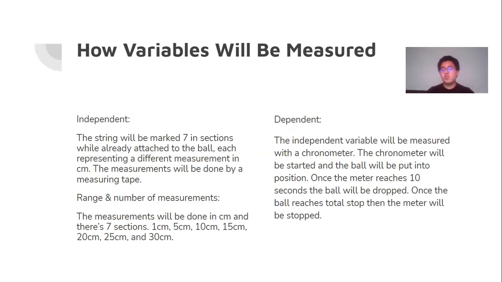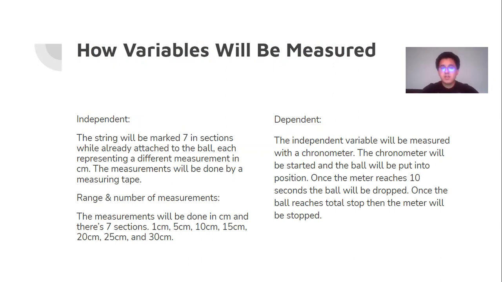And these measurements will be measured with a measuring tape and then marked with Sharpie or something that makes a clear mark. And the range and the number of these measurements will be, as I've said already, 7 sections, which is 1 centimeter, 5 centimeters, 10 centimeters, 15 centimeters, 20 centimeters, 25, and 30 centimeters.